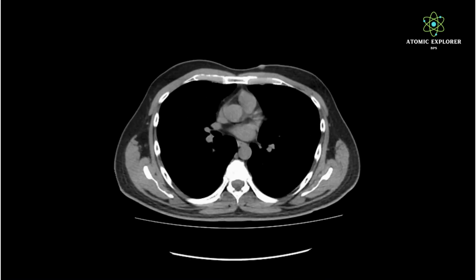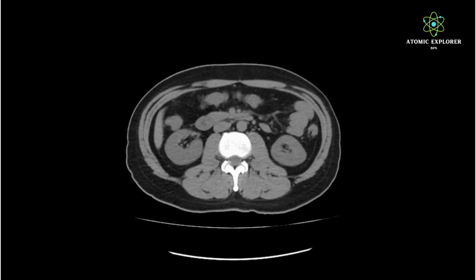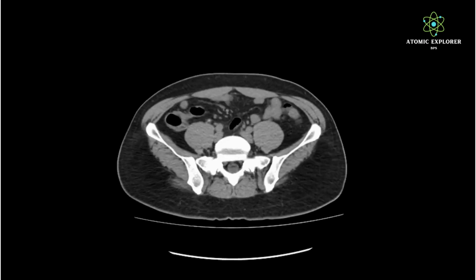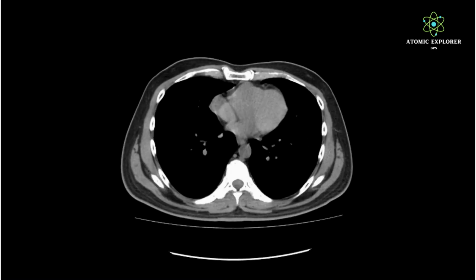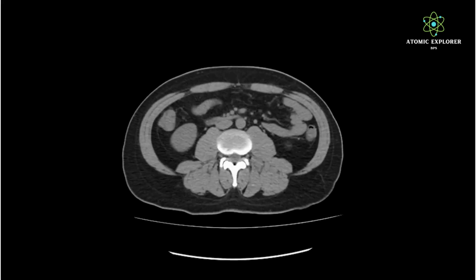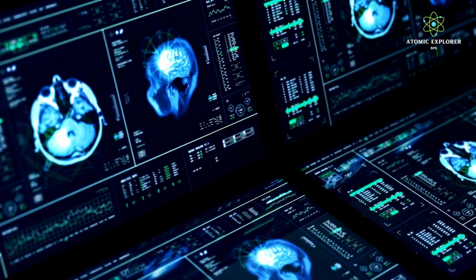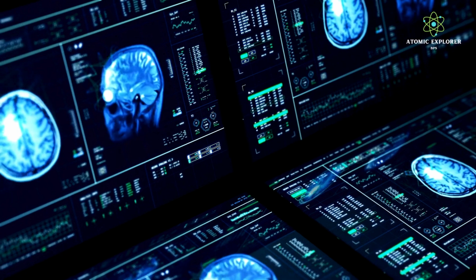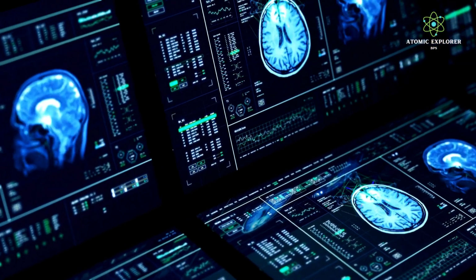This process involves special methods like filtered back projection and iterative reconstruction to create accurate images. So the final image shows how active different tissues are, helping the doctor to see and understand conditions like cancer, heart disease, and brain disorders.